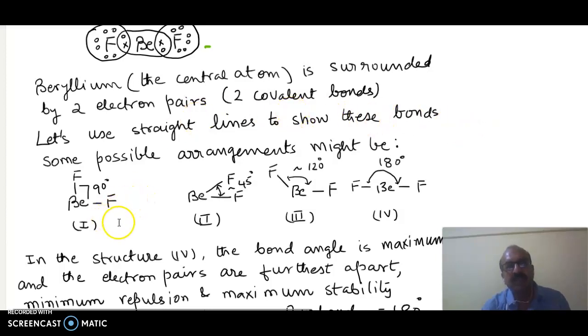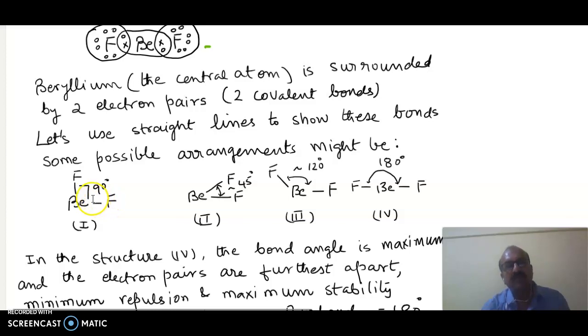Now you can see 4 possible structures, even though there can be many others possible. Just for example, we are considering these 4 structures. The bonds of beryllium with fluorine can be arranged in this way, or in the second manner, or third or fourth, in which different bond angles have been shown between the fluorine, beryllium and fluorine atoms.